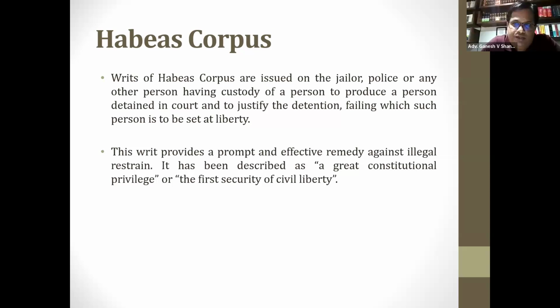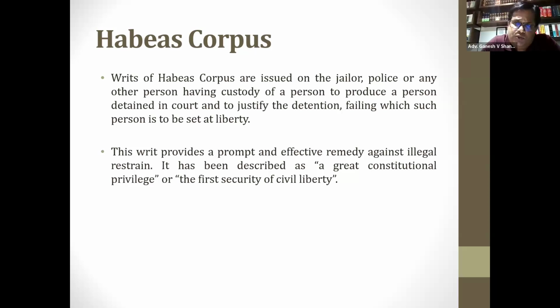If somebody is holding the custody of a person, he can be asked through this habeas corpus writ to bring that person who is under his custody to justify his detention, and failing which, it can be a jailer, it can be a policeman, or any other private person also.